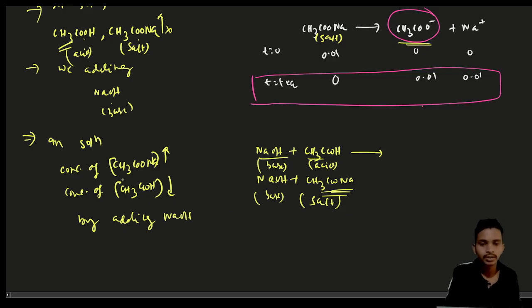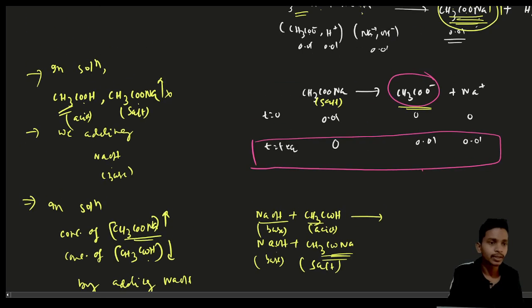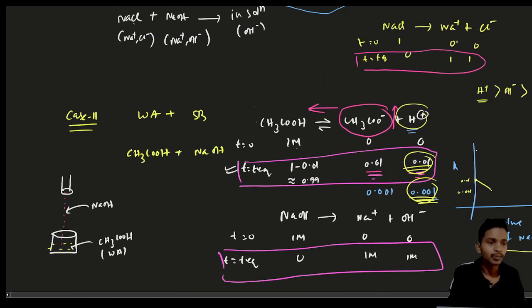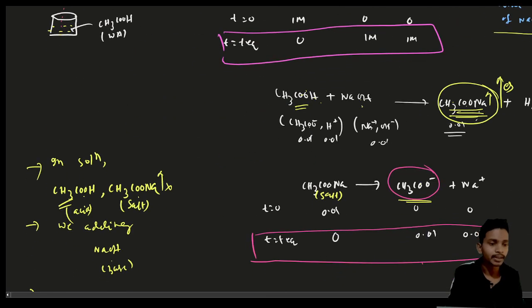If the concentration of CH3COONa increases, this is a strong electrolyte, and CH3COOH is a weak electrolyte. Although CH3COOH is releasing H+, it is in very small amounts, but the salt is a strong electrolyte and it is releasing Na+ in a very huge amount.